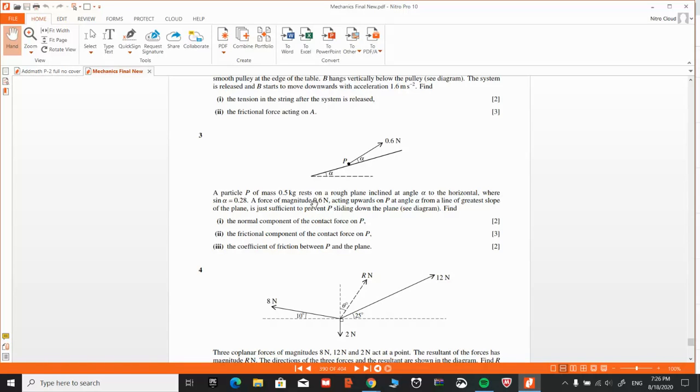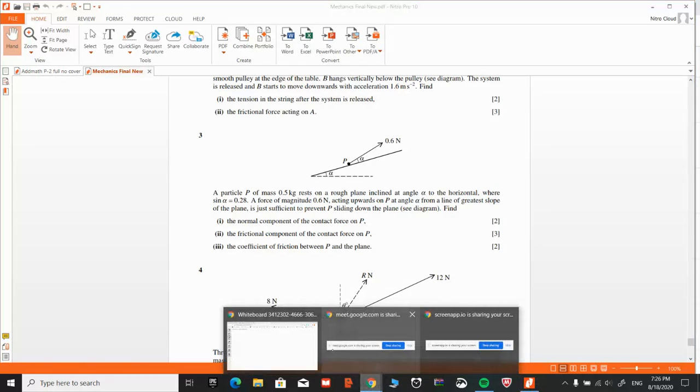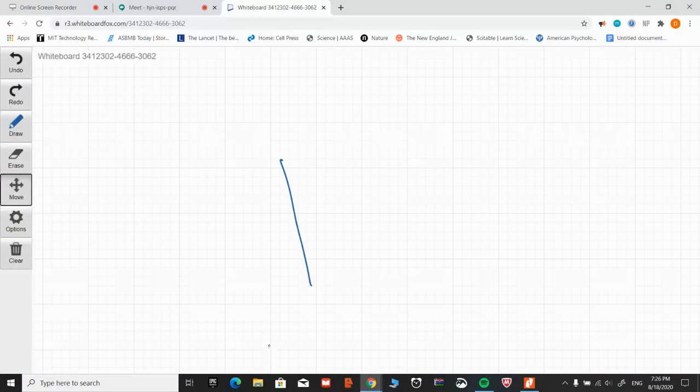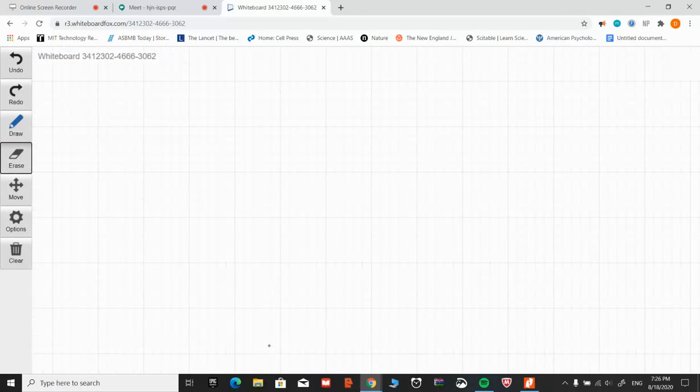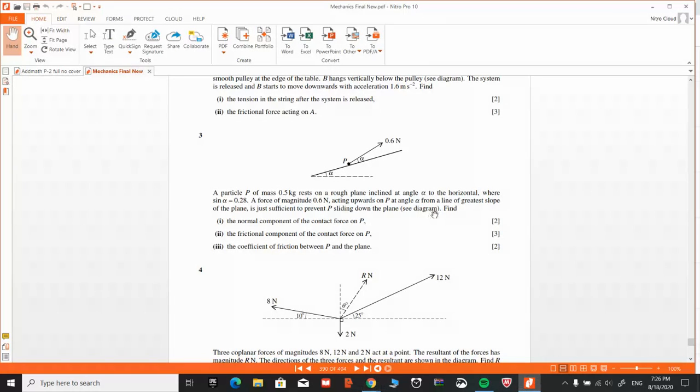This external force of 0.6 newton is acting upwards at an angle of alpha degrees from a line of greatest slope of the plane, pretty much this particular case. Now that is what the diagram is about. Let's see what other information they have. This force is just sufficient to prevent P from sliding down the plane.